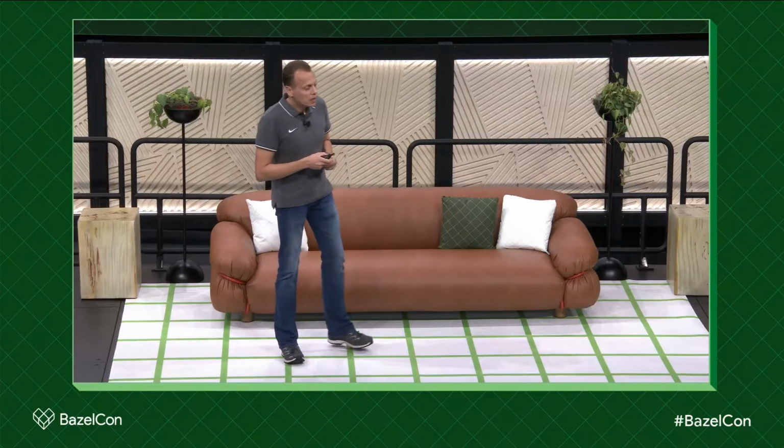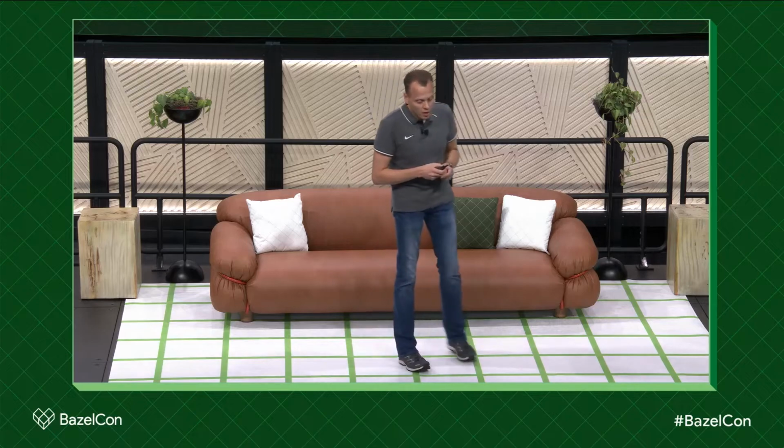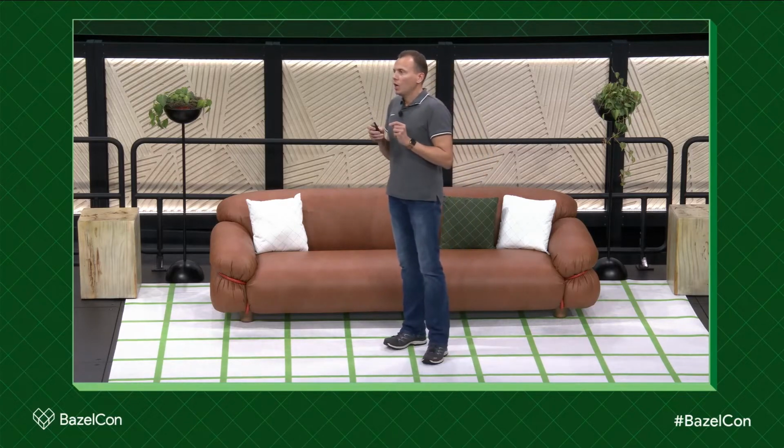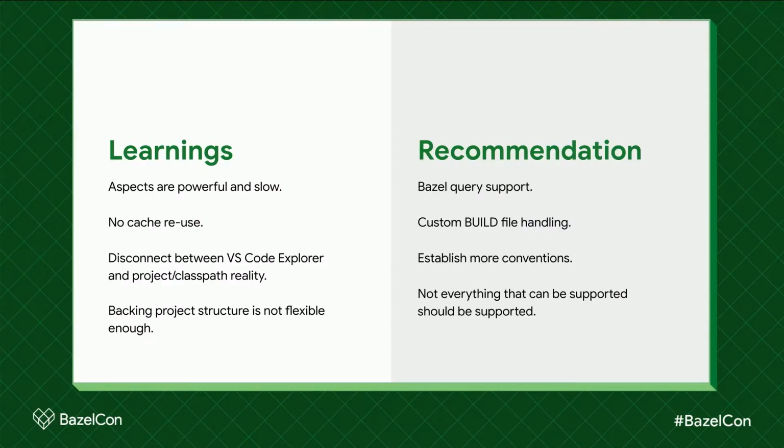The other thing is, as I mentioned already, conventions. Bazel is great. You can do a lot of things in it, but it's not always the best idea when you're working with developers at scale. So we're also looking at things we can avoid. One example is split packages.